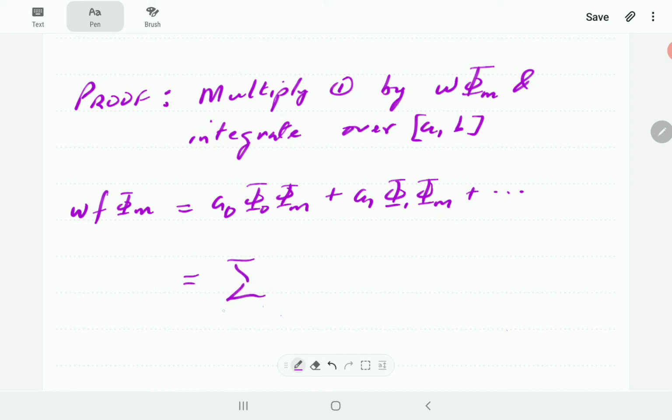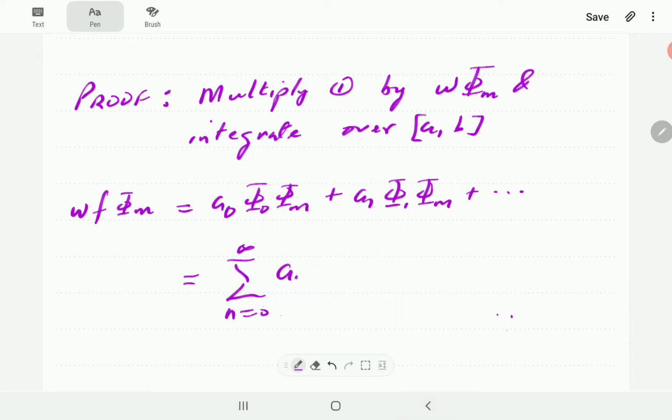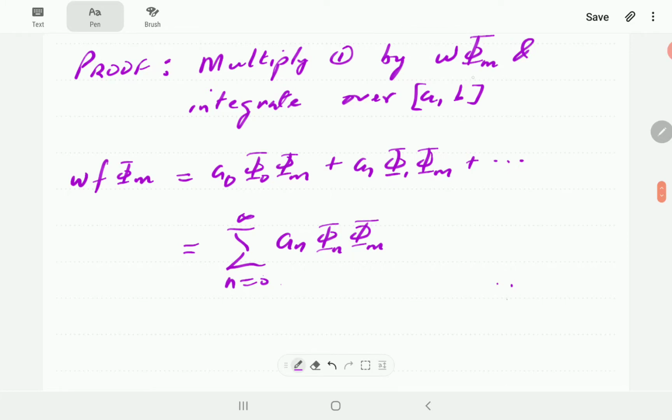Using the summation notation, since phi m does not depend on n, our dummy summation variable, we can multiply into the summation. So it's going to be an phi n times phi m. That's just multiplying by w phi m.